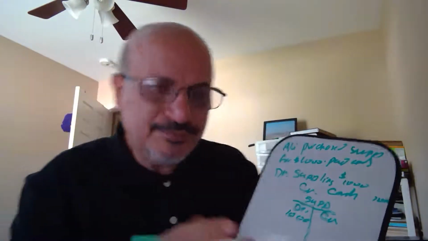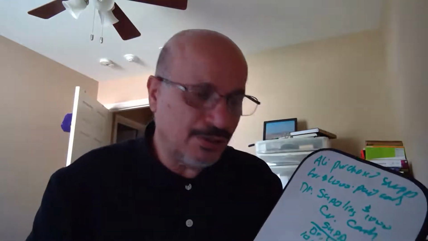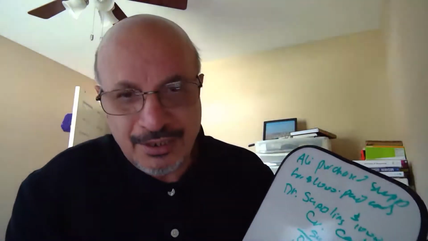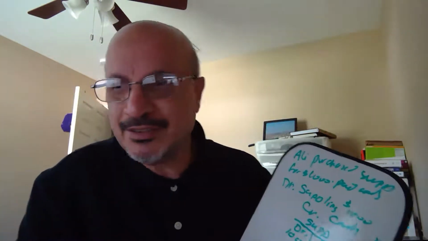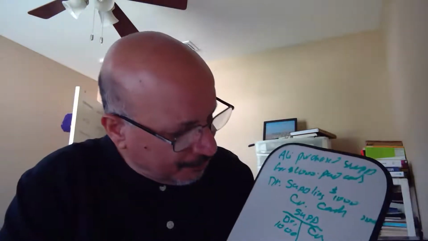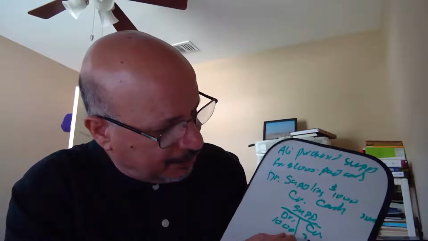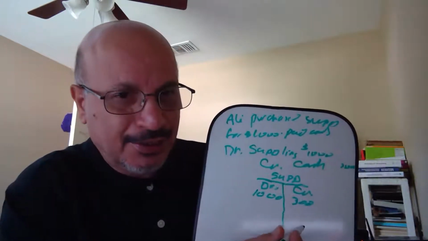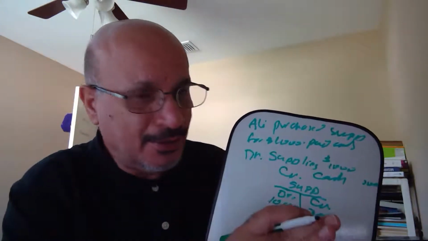Okay. Let's say after 2 months, I used $300 worth of those supplies. Remember we said when assets are used, they become expenses. In this case, I'm going to put down 300 on the credit side because the supplies went down.